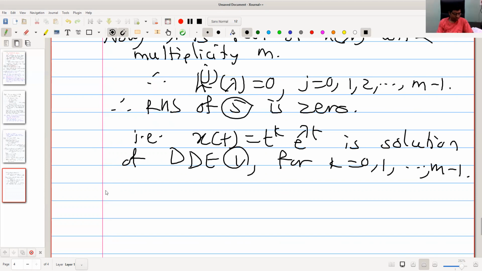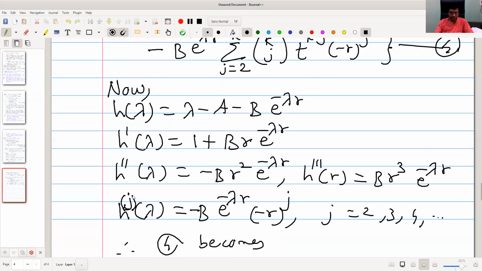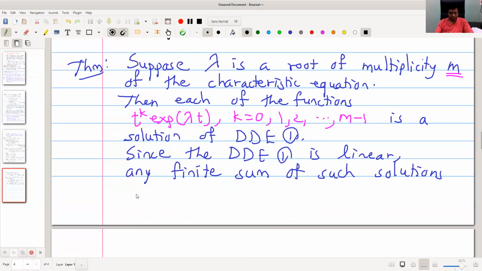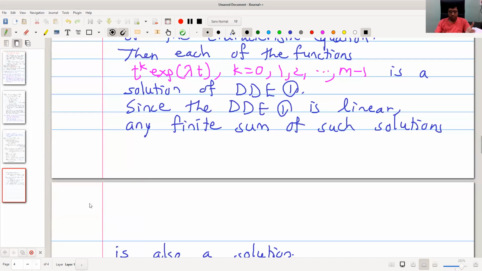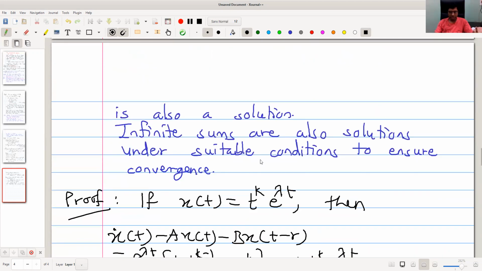Okay, so this proves that repeated thing. Now the last assertions are obvious. That means a finite sum of solutions is also a solution. It is an obvious thing.